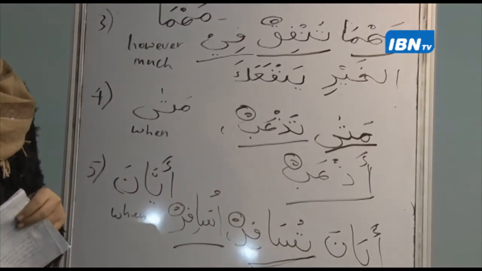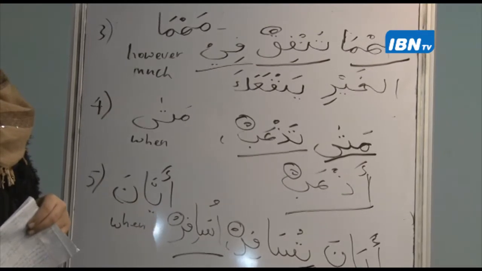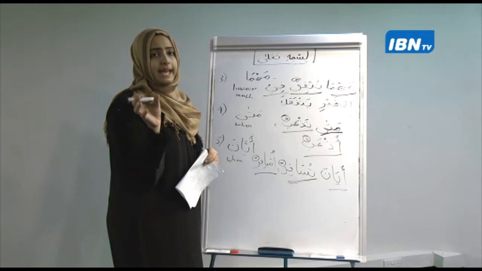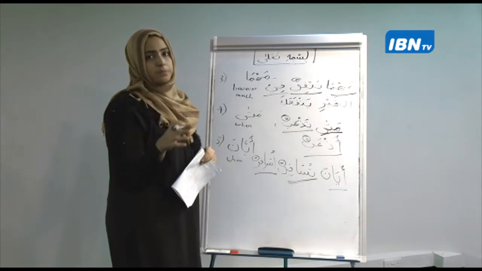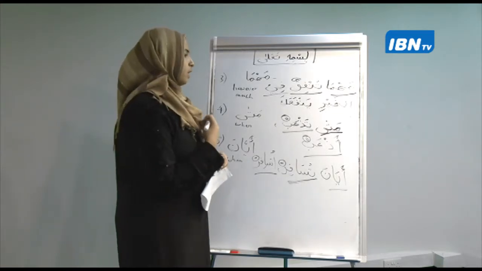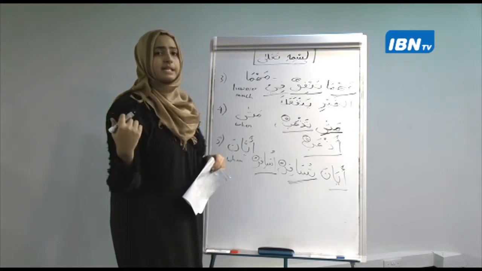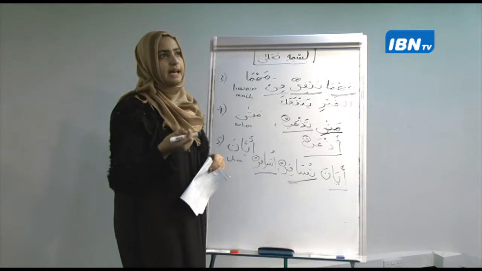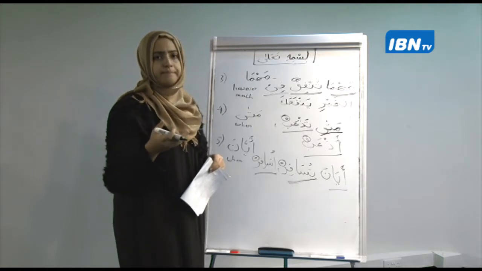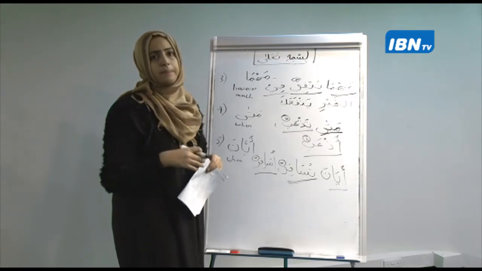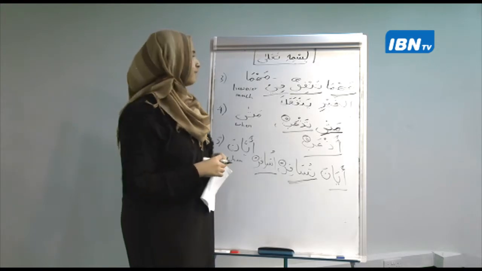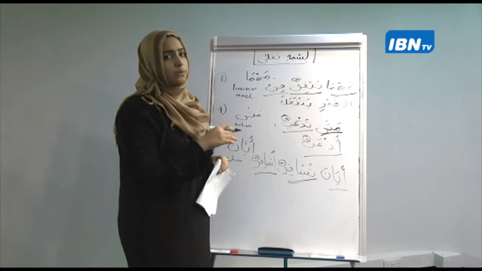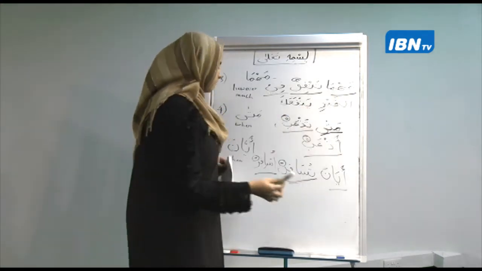But in the case of the harful jazima, only and only in, the only harful jazima, appears before the shart and before the jaza. However, other particles in the harful jazima, like we had illa, lamma, lam, they can appear in the middle depending on the context of the sentence. However, when it comes to conditional nouns, they always appear at the beginning.